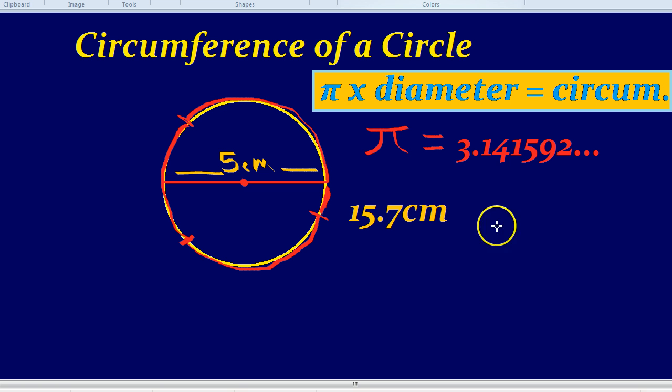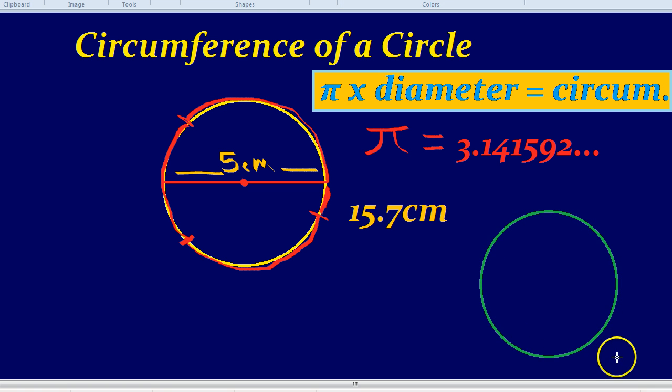This time, I'm not going to give you the diameter, but I am going to give you the radius. Here is the radius. The radius, as you remember, goes from the center to the edge of the circle. That's the radius, and the radius in this circle is going to be 2 centimeters.